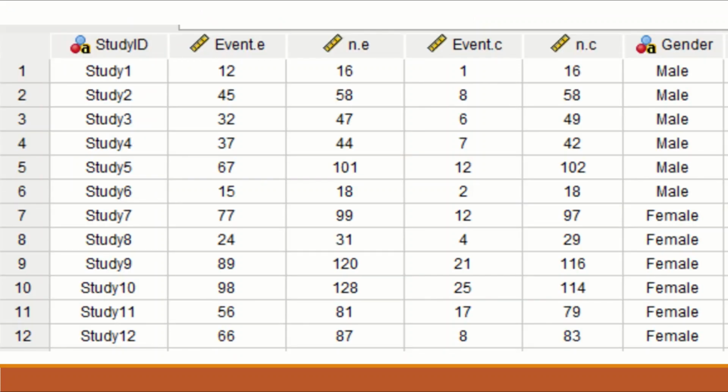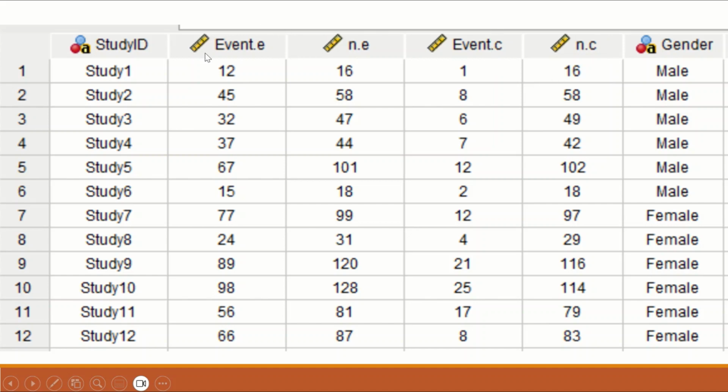Here I have inserted data from 12 clinical studies, from 1 to 12, that are looking at the effect of a specific intervention or treatment compared to control. So here I have an experimental group and a control group.